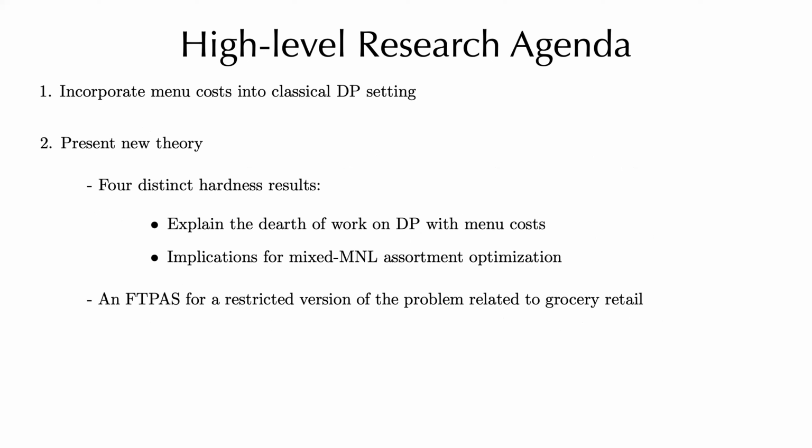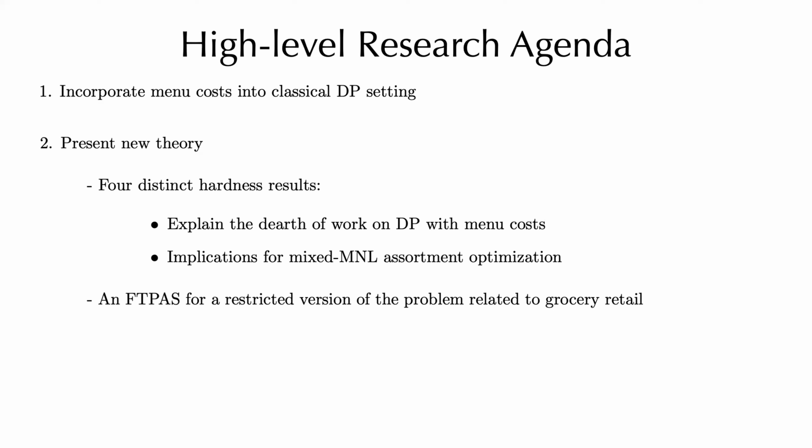What these hardness results essentially do is they say, let's look at the problem, let's simplify it along any potential dimension. And we can show that when you do that, the problem is still NP hard, no matter how you simplify things.